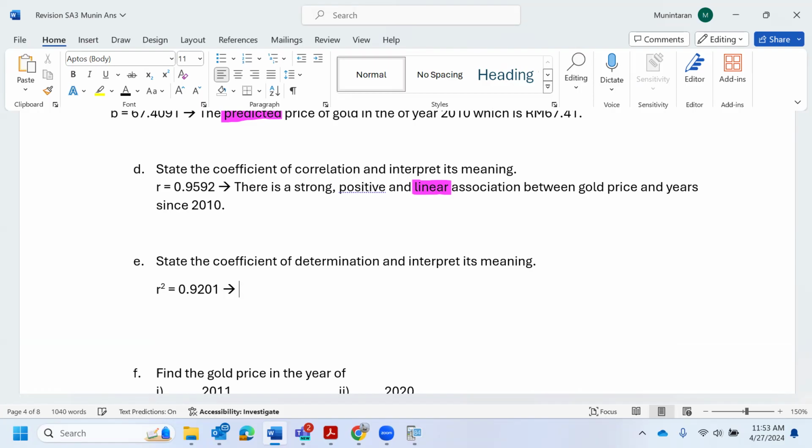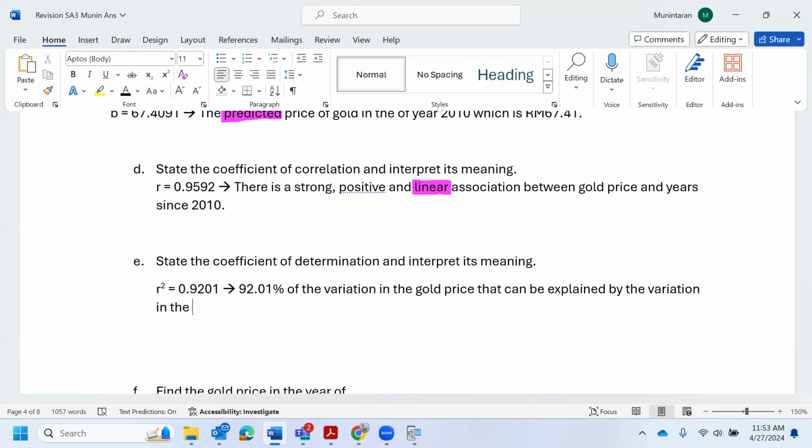We can say 92.01% of the variation in the gold price can be explained by the variation in the year since 2010.